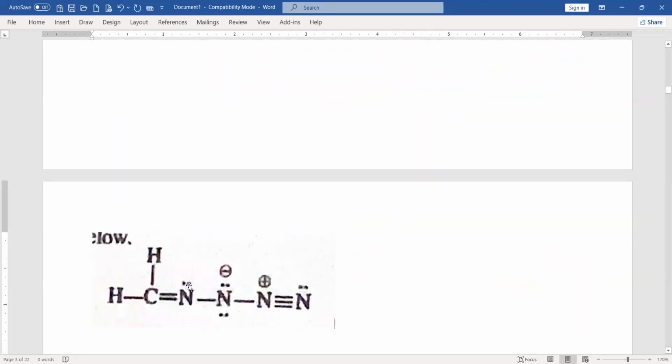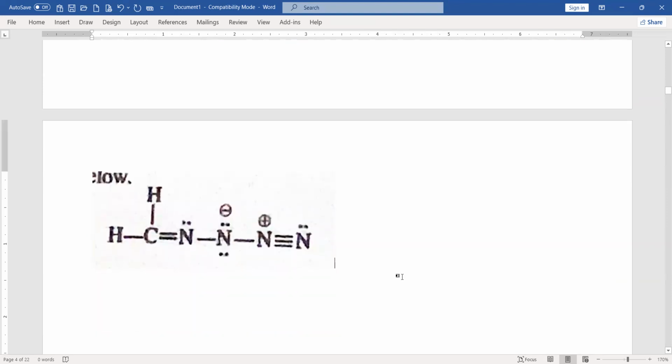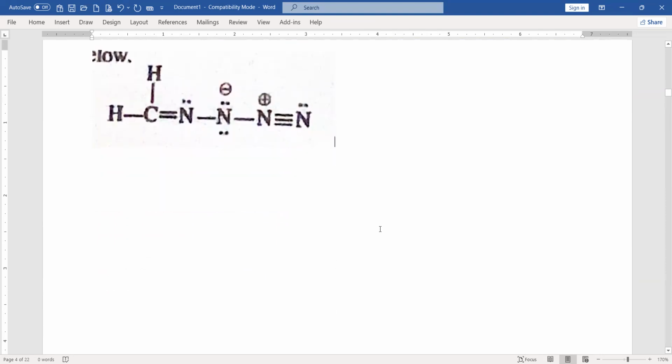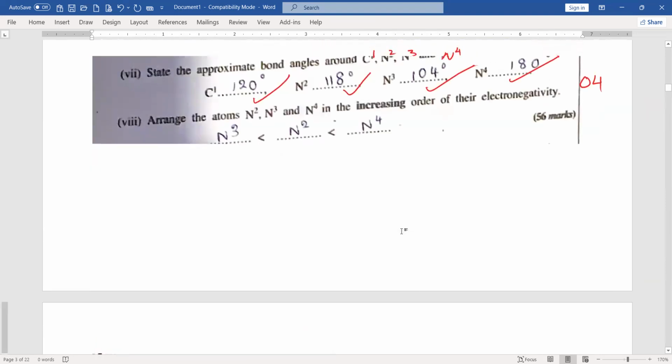This is the structure. So here you have to consider the hybridization, only the nitrogen, right? Nitrogen N2, N3, N4.